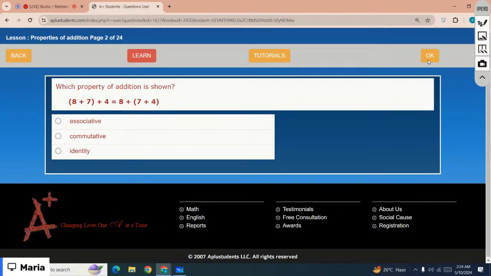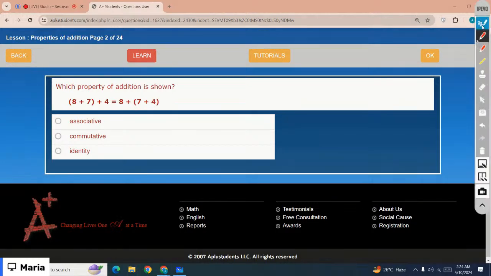Which property of addition is shown? Now you have parentheses involved and three numbers, right? You have 8 plus 7 plus 4 and 8 plus 7 plus 4. Again, the numbers are exactly the same, right? Just the grouping is different, because here you have the parentheses on 8 plus 7, so you have to perform 8 plus 7 first. Here the parentheses are on 7 plus 4, so you have to perform 7 plus 4 first.